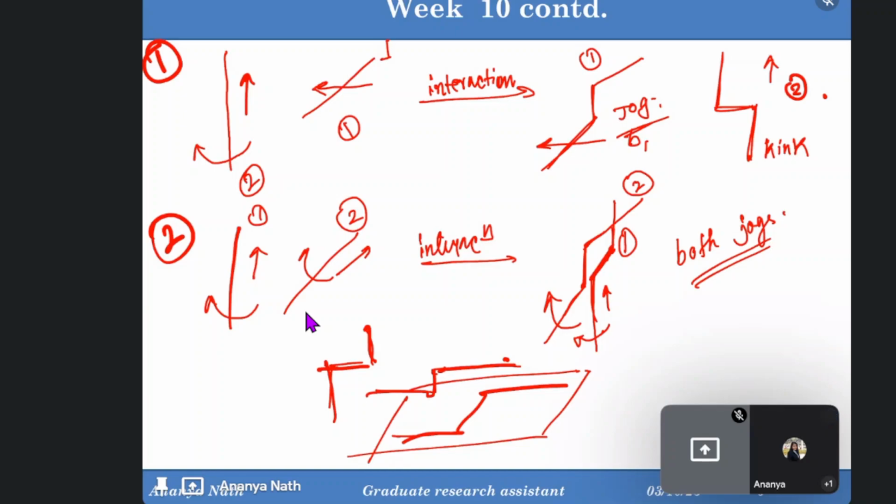If two screw dislocations are interacting with each other, they will make jogs.